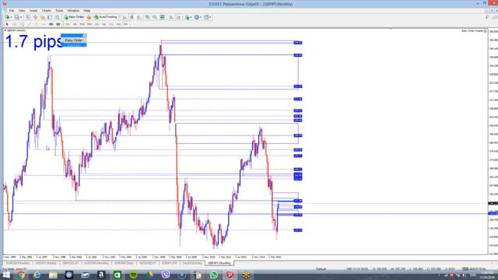Okay. So I think I have a little bit too many lines on my chart, but I will try to explain why I did that. So for me, this is a price action zone. I mean, it's a possible flag.